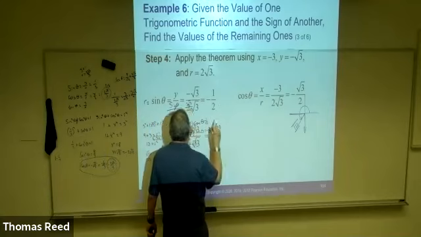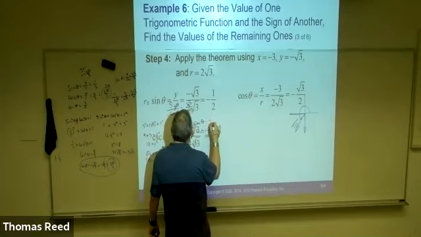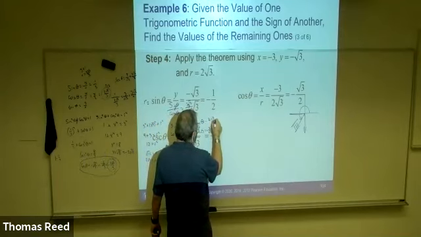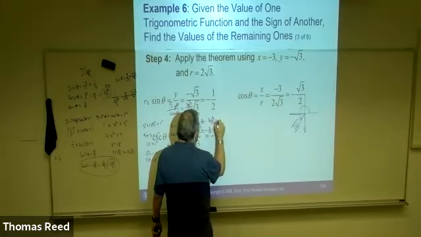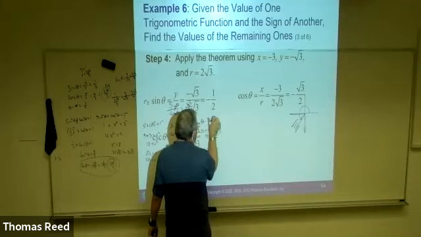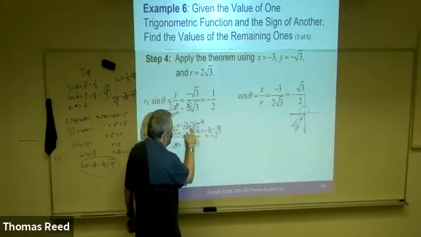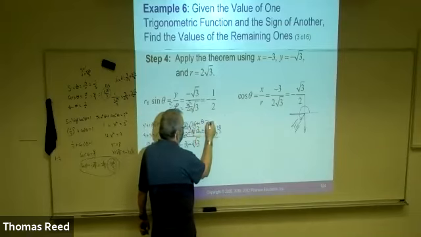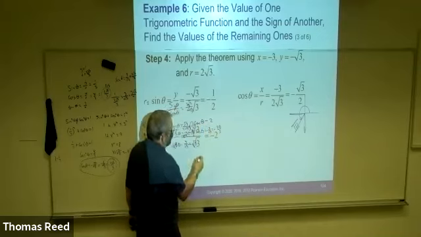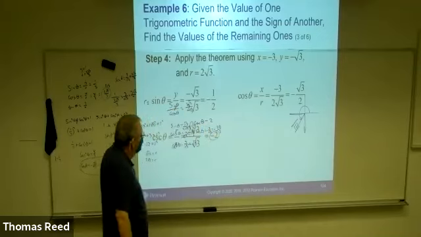Oh, wait a minute. Cosecant is the reciprocal of negative 1/2, which is a negative 2, which is what they got here. Okay.